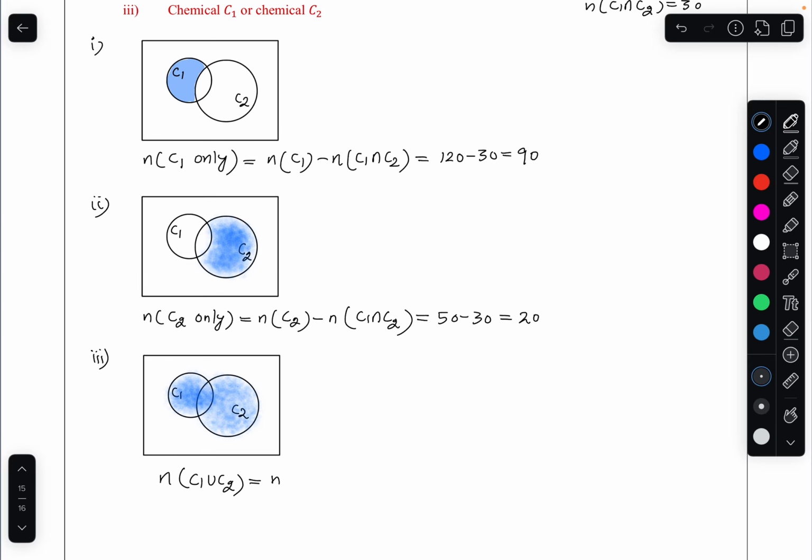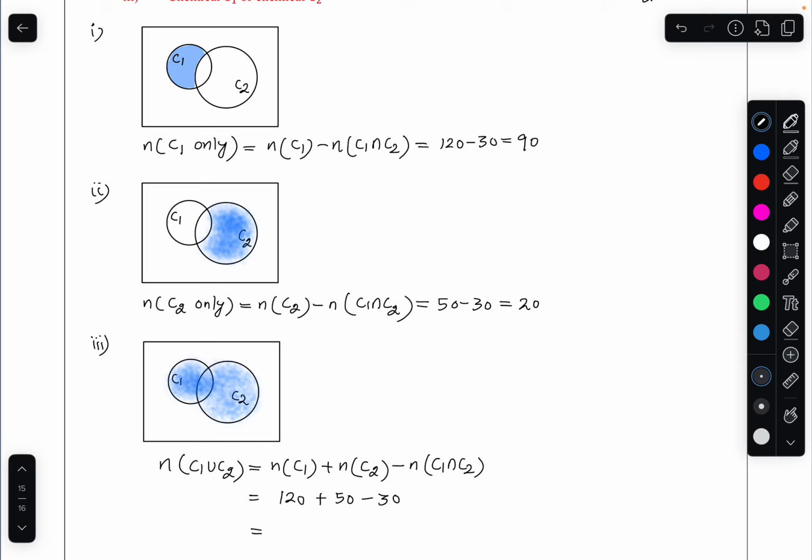That would be the number of people exposed to C1 plus the number of people exposed to C2 minus the number of people exposed to both. The number exposed to C1 was 120, the number exposed to C2 was 50, and then the 30 for the third one. And that gives me 170 minus 30, which is going to be 140.